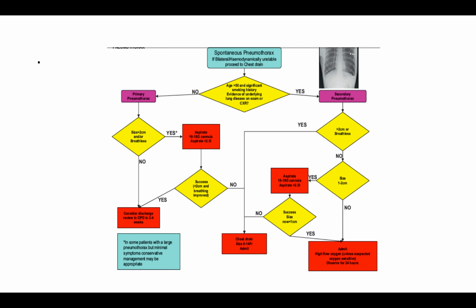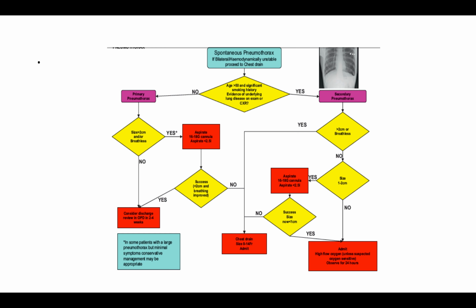In patients with normal underlying lungs, that is, patients who have primary pneumothorax, the management is again decided on whether they are breathless, and whether the size of the pneumothorax is more than 2 centimeters. If they are breathless or if the size is more than 2 centimeters, then an aspiration should be attempted.